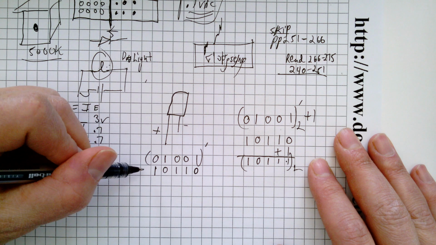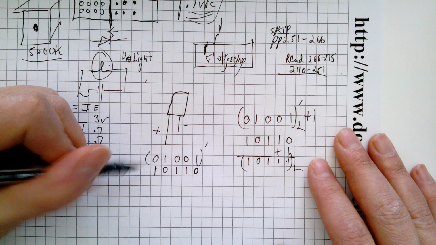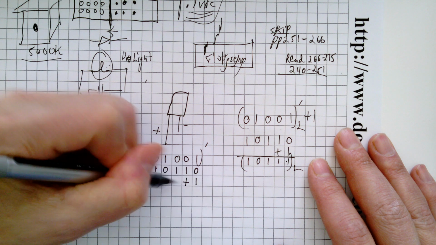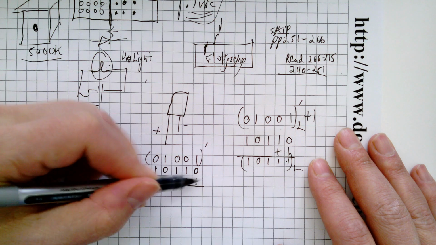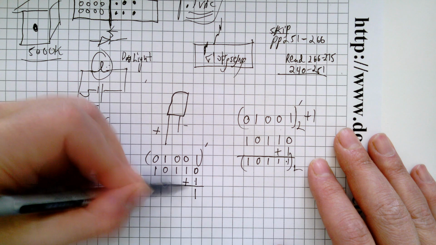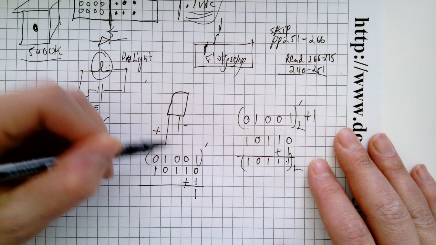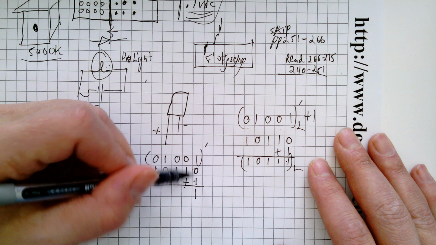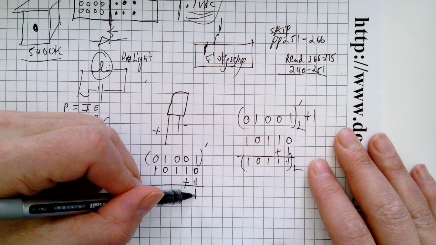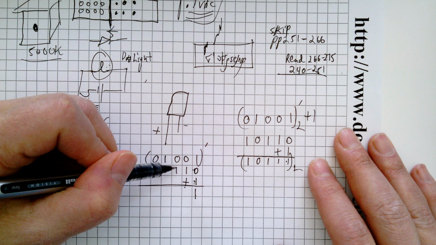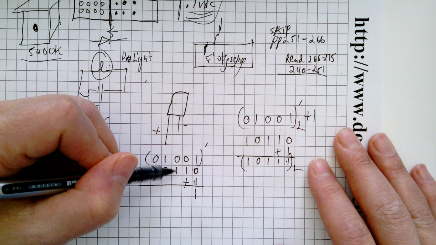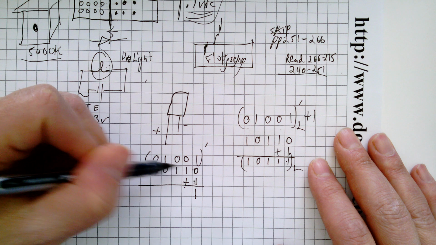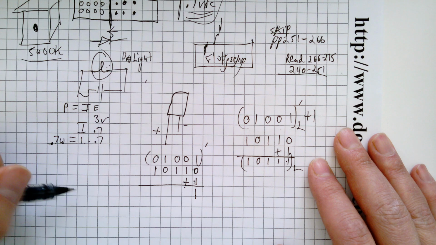So far so good, right? That's the complement. I took the bits and I inverted them. Now I'm going to add 1. Right? 1 plus 0 is equal to 1. There's no carry. Right here. 1 plus 0 is 1. Yes, that's exactly right.